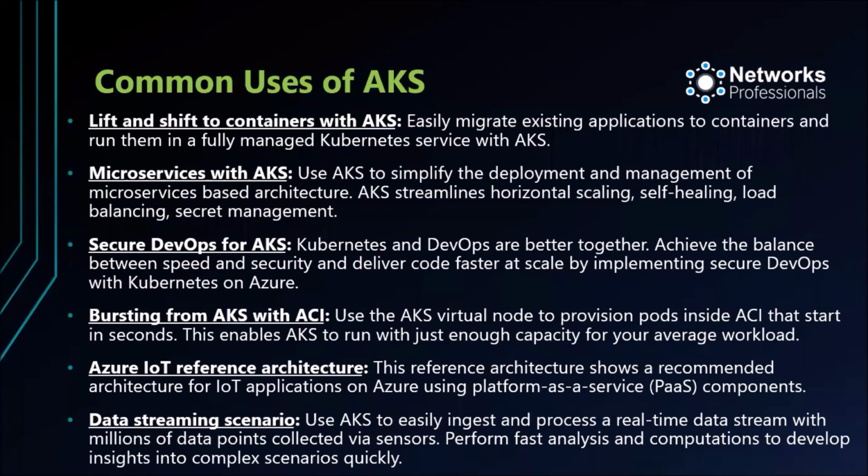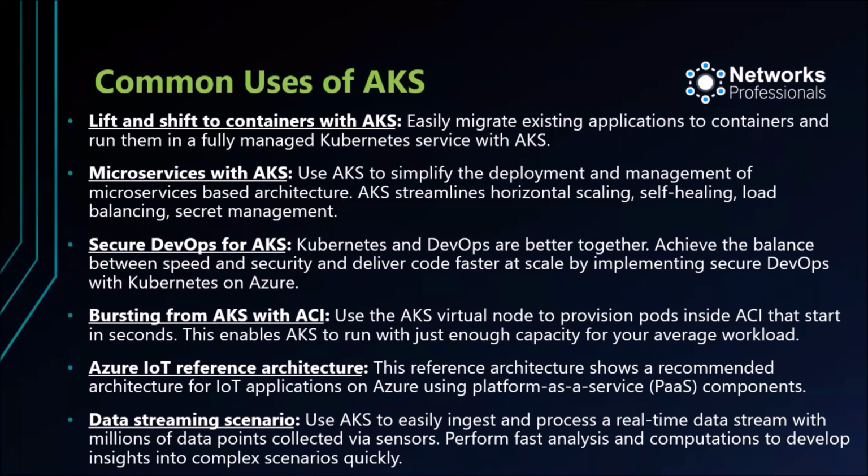The lift and shift feature is used to easily migrate existing applications to containers and run them in a fully managed Kubernetes service with AKS. Microservices: use AKS to simplify the deployment and management of microservices-based architectures. AKS streamlines horizontal scaling, self-healing, load balancing, and secret management.